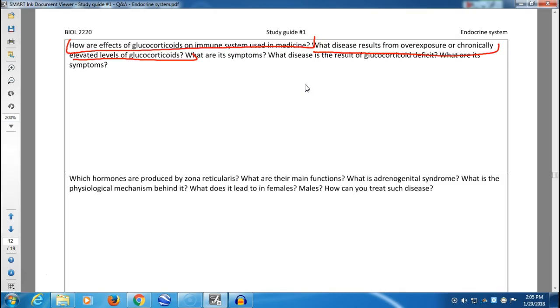What happens to the levels of CRH? They go up. ACTH goes up. ACTH stimulates the adrenal gland, increases levels of androgens produced by the zona reticularis, ambiguous sexual characteristics. Does that make sense?